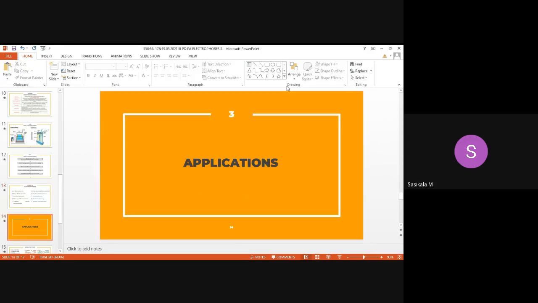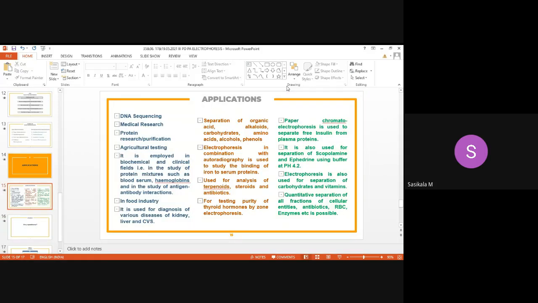Then coming to the third part, applications. From the explanation itself, you should have understood it is applicable for many kinds of biomolecule separation. Starting with DNA sequencing, it is applicable for medical research, protein research or purification, and agricultural testing. Here I have focused on different fields of separation.